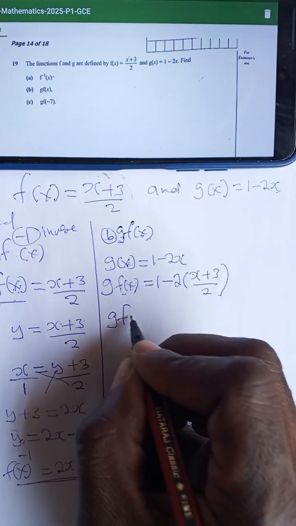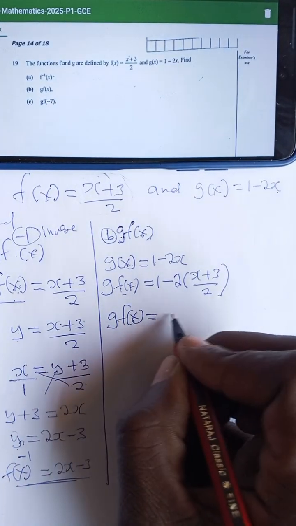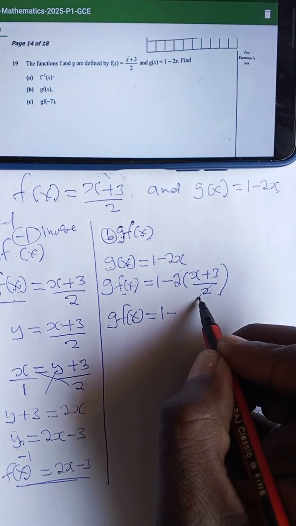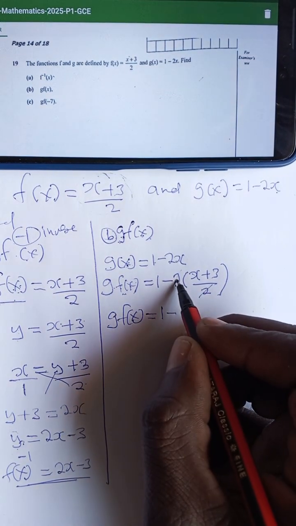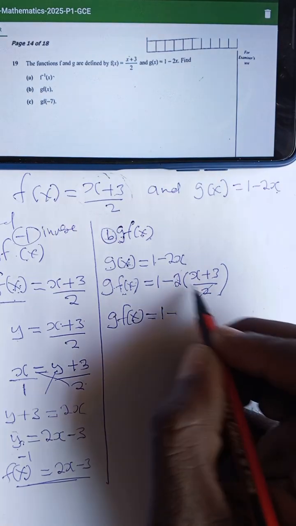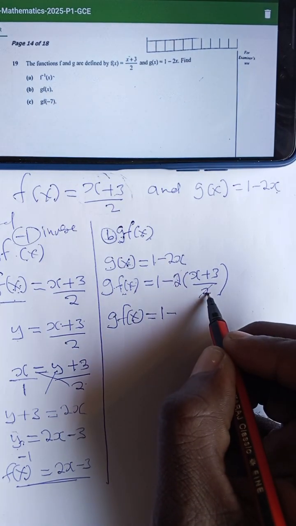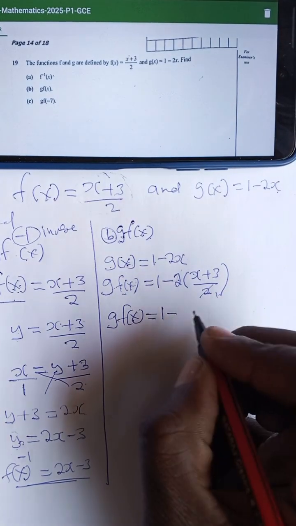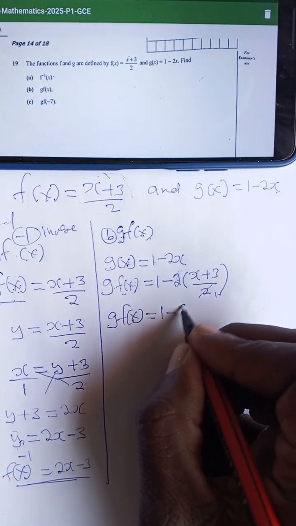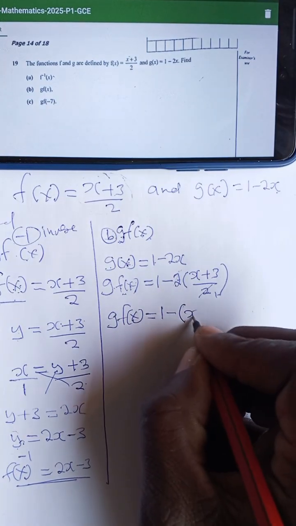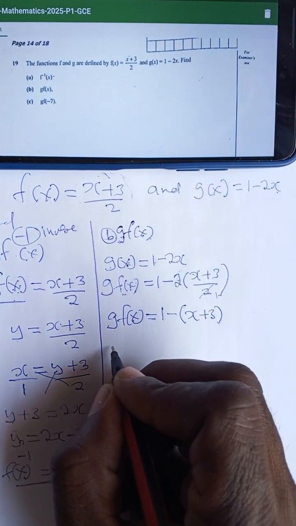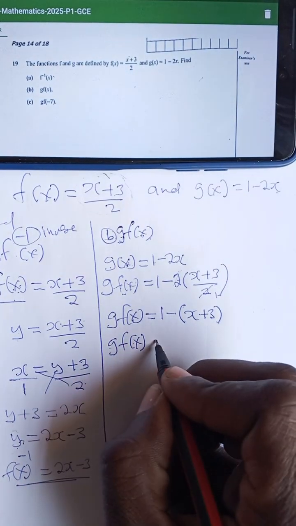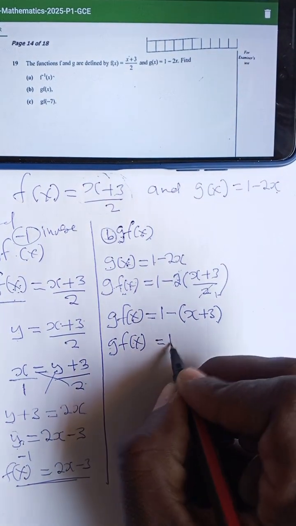Then you write gf of x equals 1 minus. As you can see, a 2 and a 2 can cancel. This 2 is a numerator and this 2 is a denominator, so they can divide. We always reduce a numerator and a denominator. So what remains is just a 1, and we put a bracket: x plus 3. Then, final answer, you simplify.